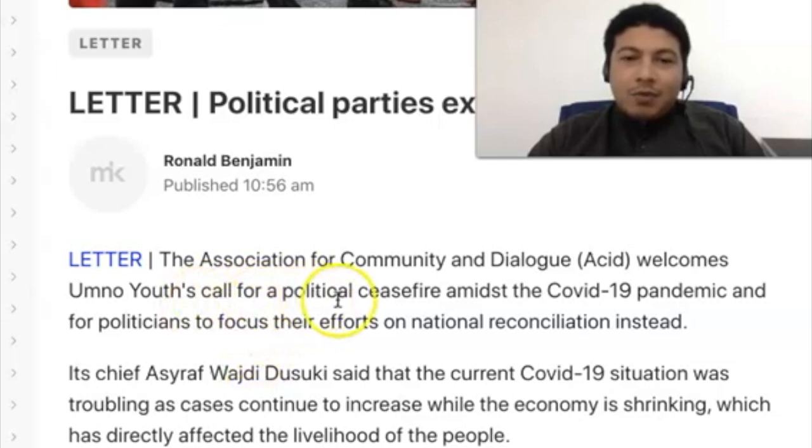There is a call for political ceasefire amidst the COVID-19 pandemic, and politicians should focus on the people instead of on politics. So that is the stated main idea, the purpose of this article, telling politicians to stop politicking and focus more on the people.